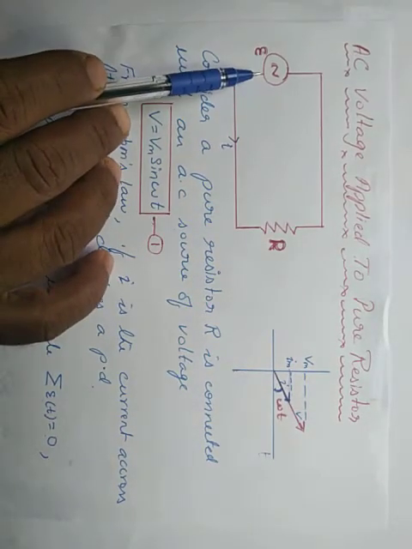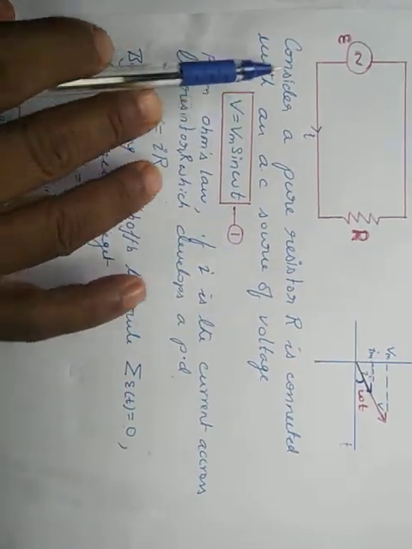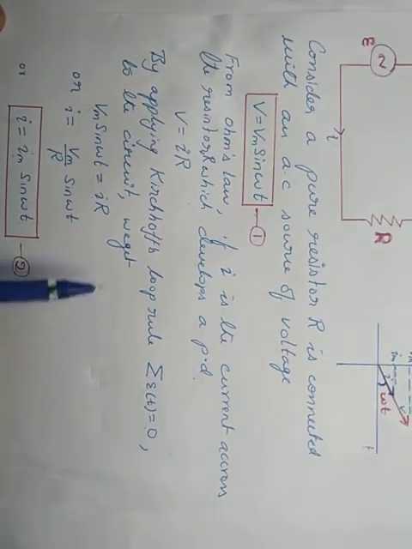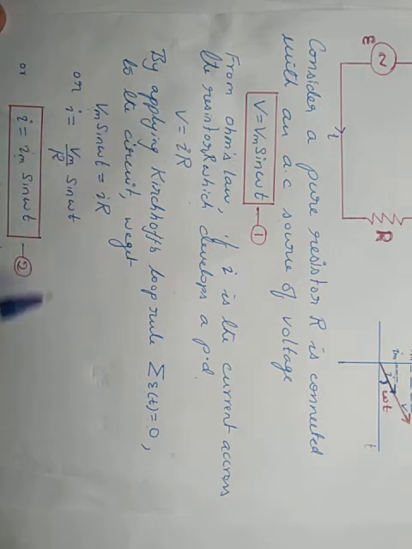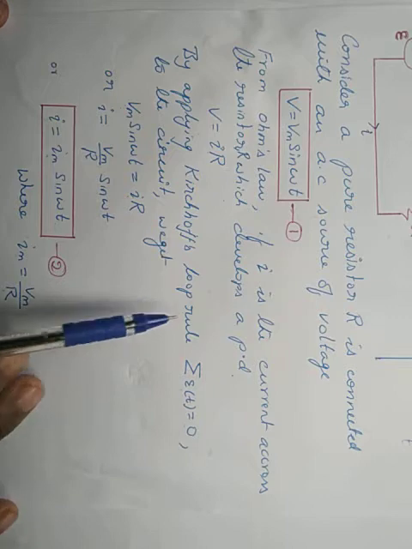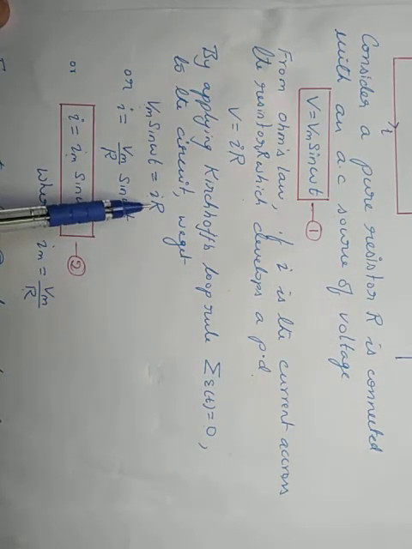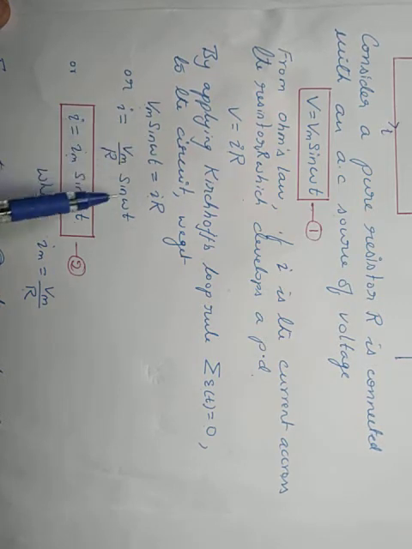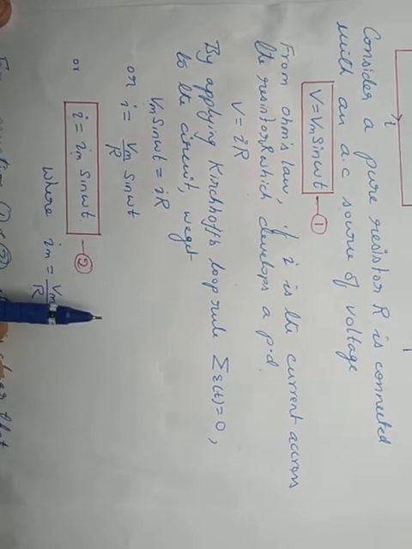So, you have to draw the circuit diagram, then mention the equation for voltage due to the AC source, V equal to Vm sin omega t. Then the potential difference developed across the resistor is V equal to IR. Then by Kirchhoff's loop rule we write Vm sin omega t equal to I into R. Bring R to the left hand side: I equal to Vm by R into sin omega t.